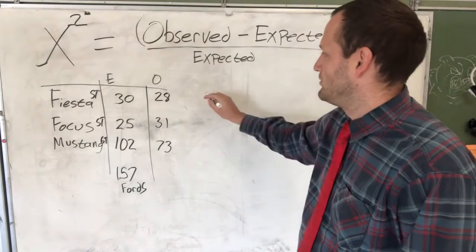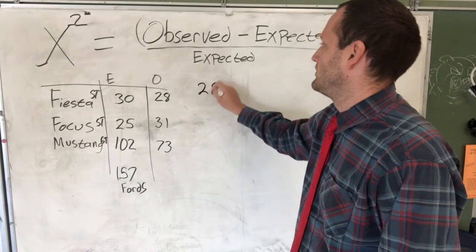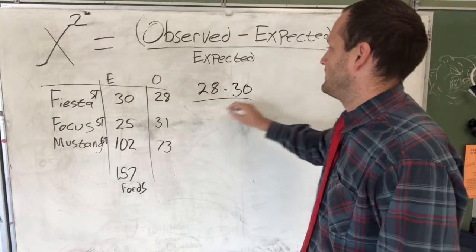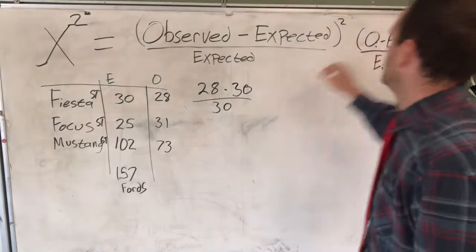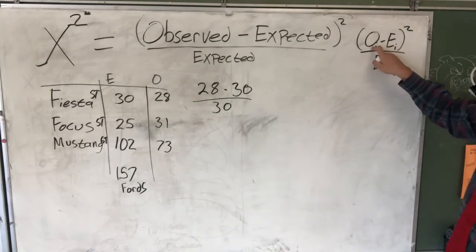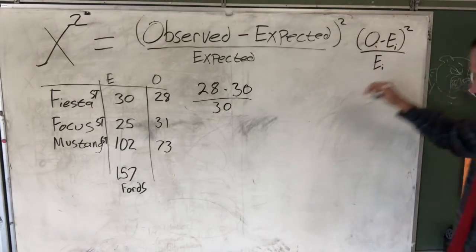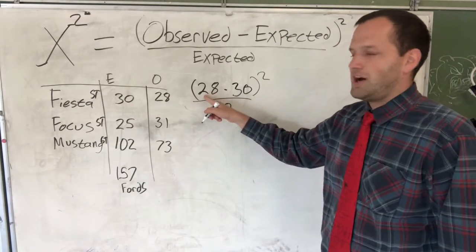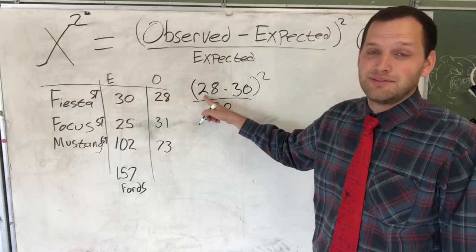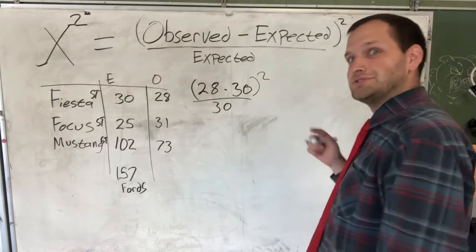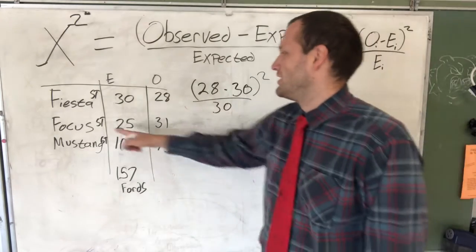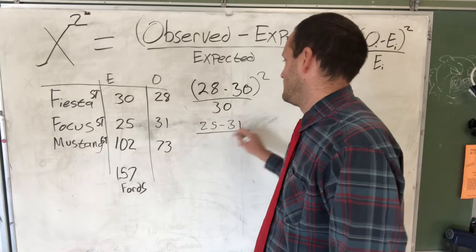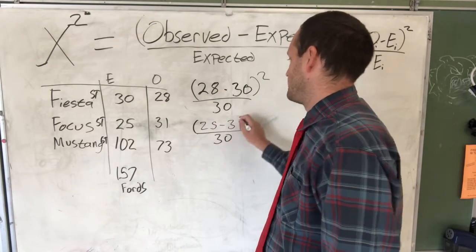So the observed, 28, minus the expected, divided by the expected. The observed minus the expected, squared, divided by the expected. If you notice, the top always ends up being positive. For the Focuses, we've got 25 minus 31 divided by 30, square the top.